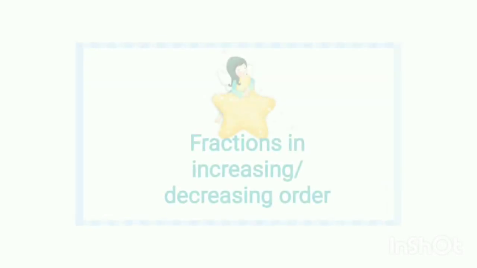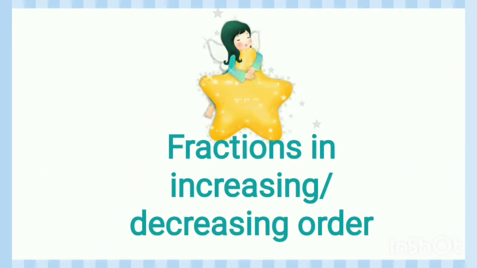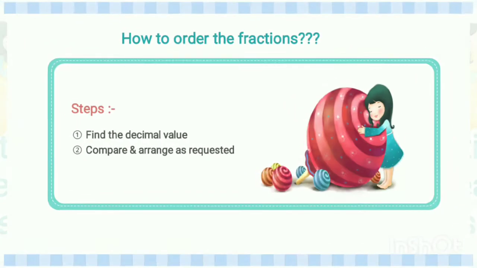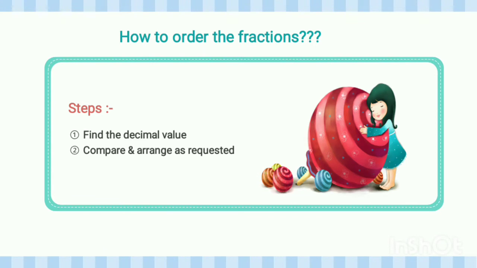Let's get into the next problem, based on arranging fractions in ascending or descending order, that is increasing or decreasing order. How to do that? We have only 2 steps. In the very first step, we have to find the decimal value, or equivalent value, of each fraction.